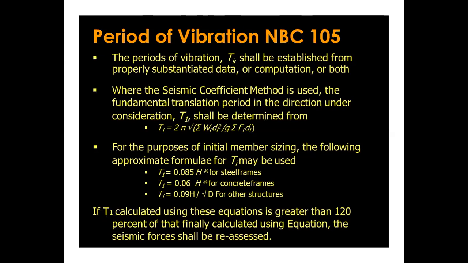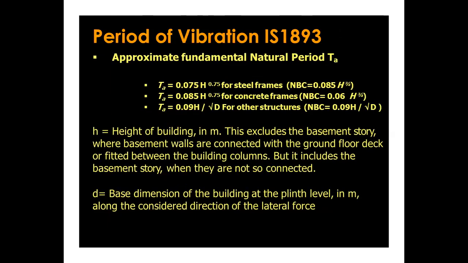If T1 calculated using this equation is greater than 120% of that finally calculated using the equation, the seismic forces shall be reassessed, right? So approximate fundamental natural period Ta is equal to 0.075 h raised to 0.75 for steel frames, right? So these three criteria, Ta is equal to 0.085 h raised to 0.75 for concrete frame, and for other structures Ta is equal to 0.09 h divided by under root d.